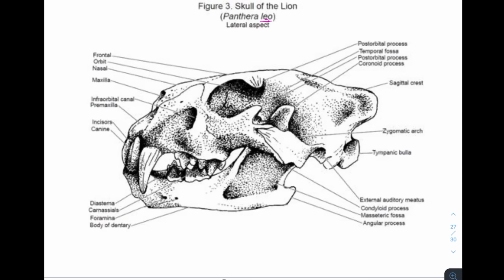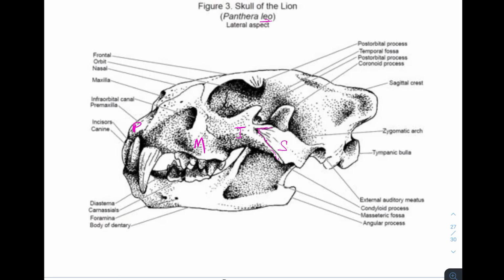What we can really see here is very clearly that suture right there between the jugal and the squamosal. You can really see the maxilla and the premaxilla.